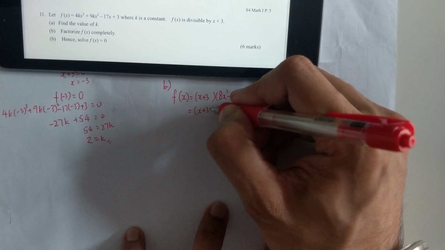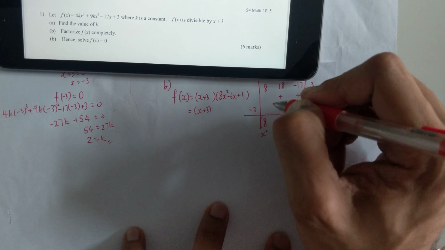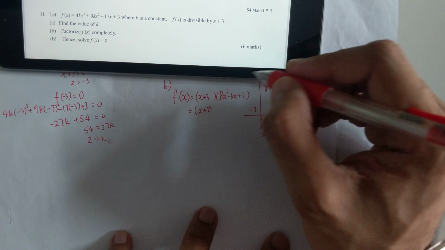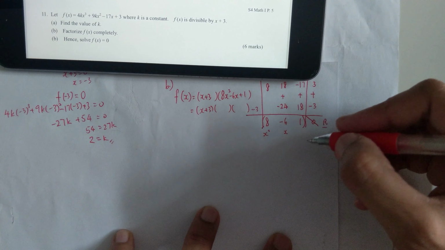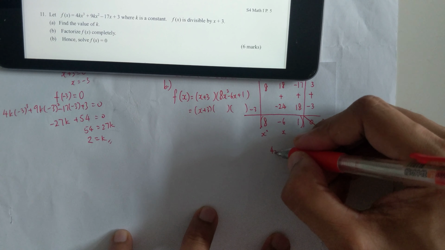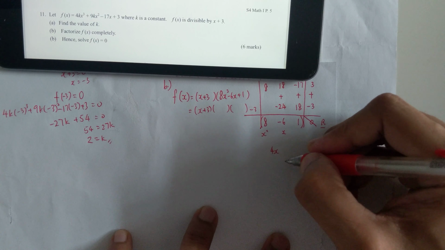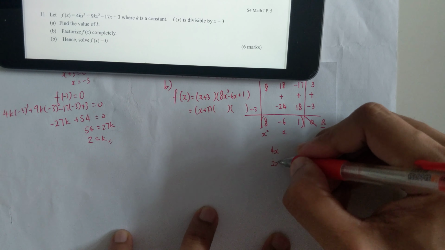And you should be able to notice that this is actually still a polynomial which can be further factorized into 2 smaller brackets. You can use your calculator, or you can think about the cross method.